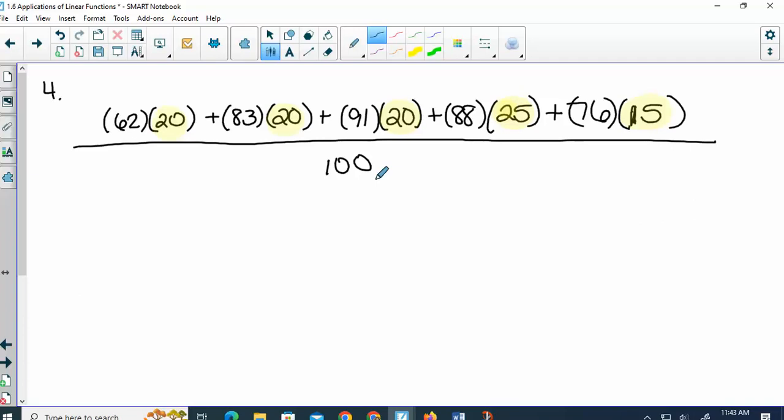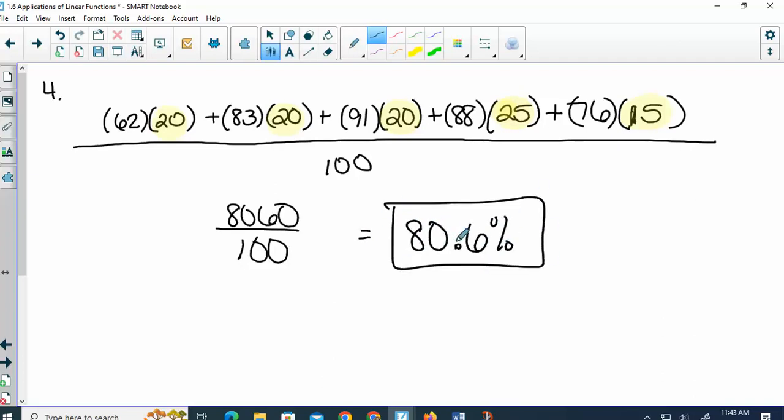So now we work this out. 62 times 20, 83. And so that equals 80.6%.